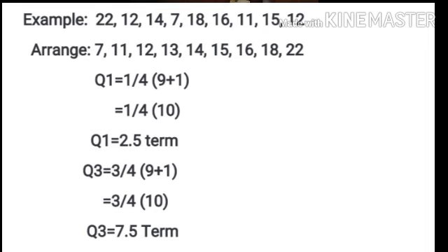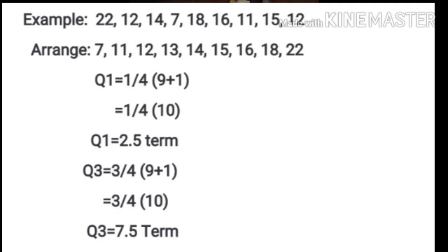Calculation of Q1 can be done as follows. Q1 equals 1 over 4 times (9 plus 1), so copy the 1 over 4, and then 9 plus 1 equals 10. After that, 10 divided by 4 equals 2.5. So Q1 equals the 2.5th term.